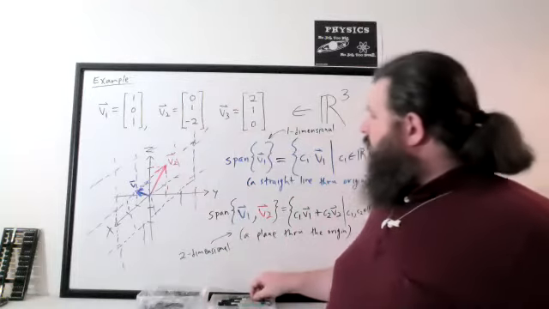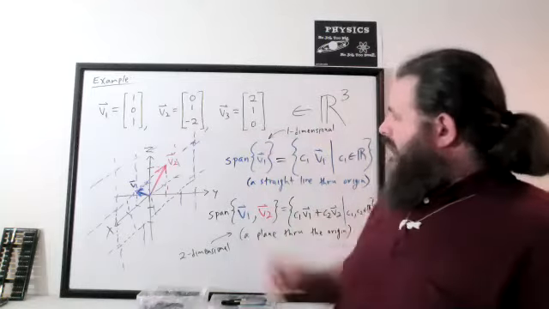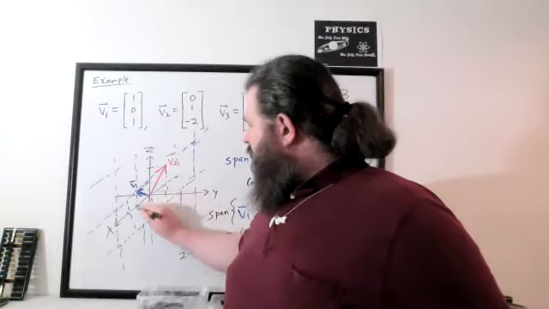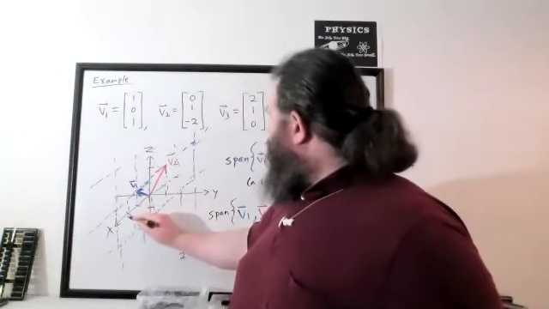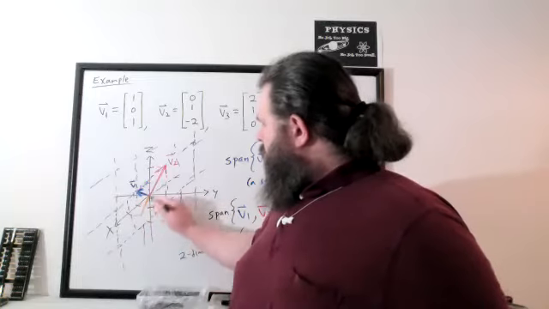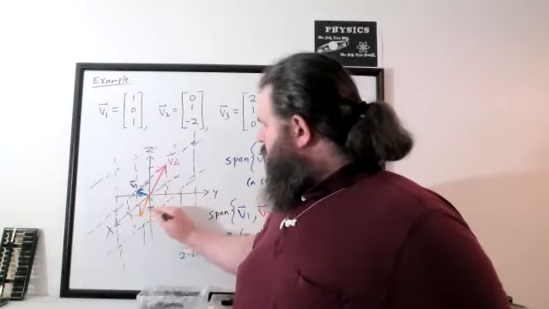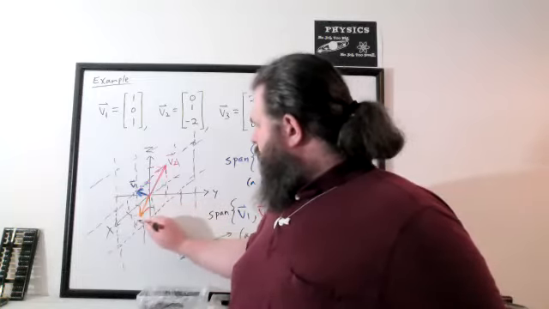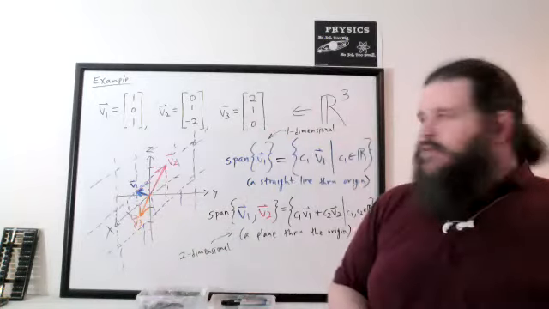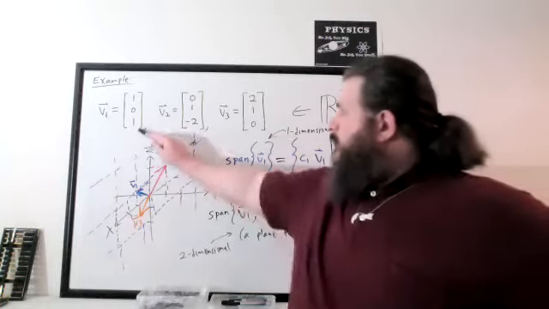If we actually take a look at the direction of v3, 2, 1, 0, that's two spaces in the x direction, one space in the y direction. So there's v3. We can actually build v3 using v1 and v2.